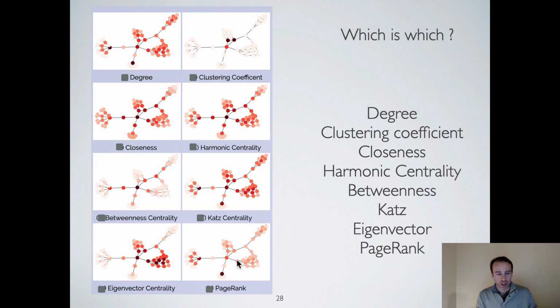And finally, the PageRank, which kind of solves this problem. The nodes that are the most important are nodes that are also connected to many nodes and are important. So it's harder to grasp what this is.